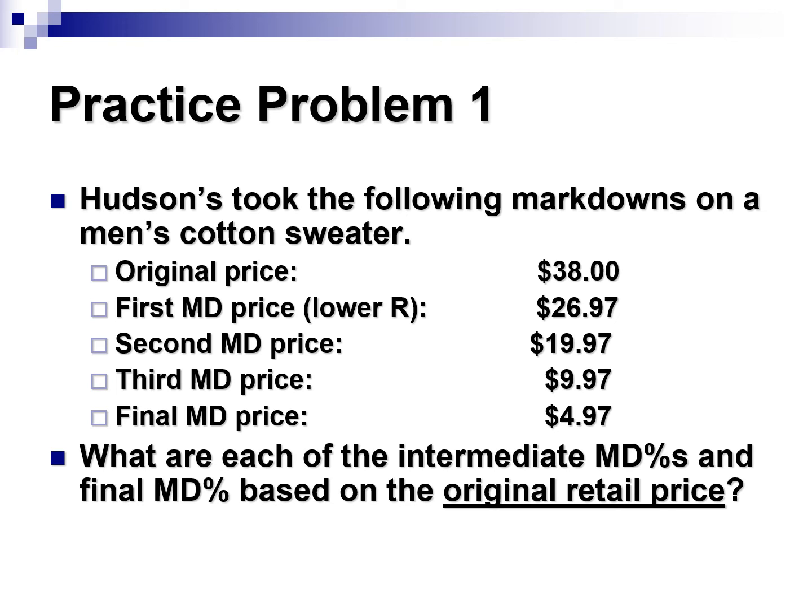There are 4 markdowns that have been taken. Let's calculate all 4 markdown percents based on the original retail price. That means the original price, $38, will be what we called previous retail in all markdown calculations. For the first, second, third, and final markdown percent calculations, use $38, the original price, as the previous retail.